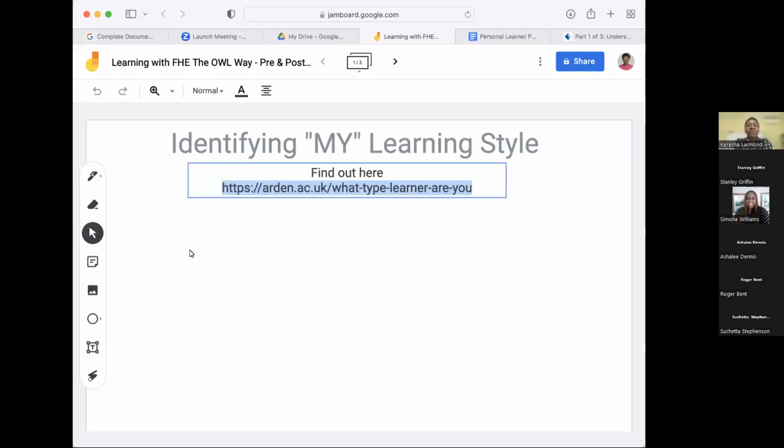The first thing, before we even start studying, or think about getting into our classrooms to start learning, we need to know what our learning style is. So the first segment of this session is going to start by us trying to identify our learning styles.